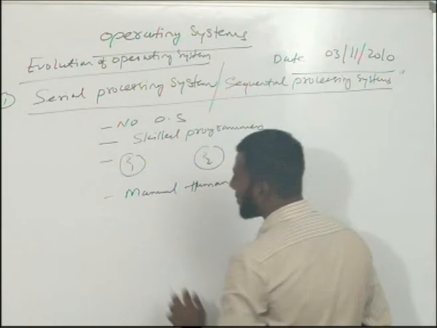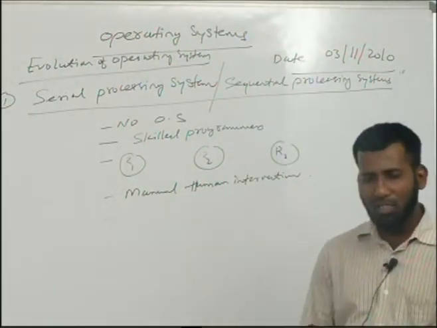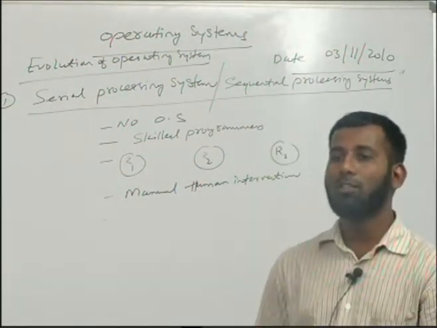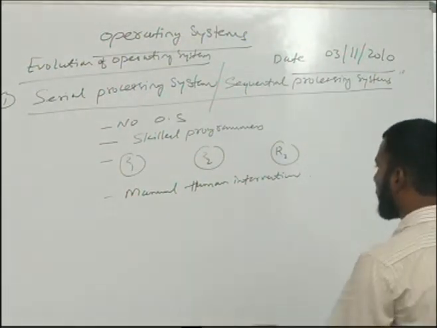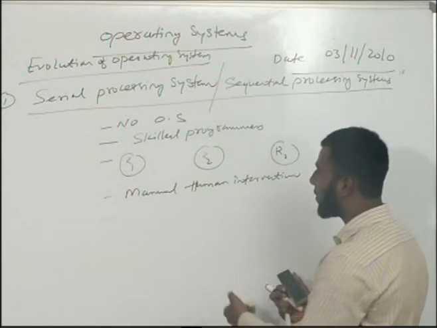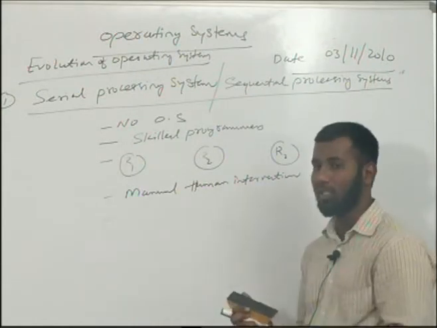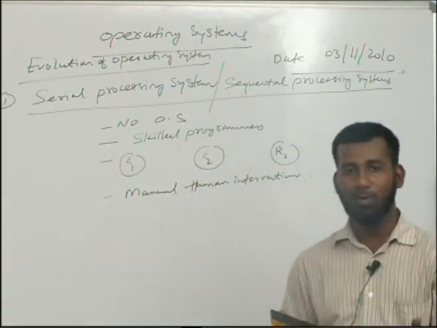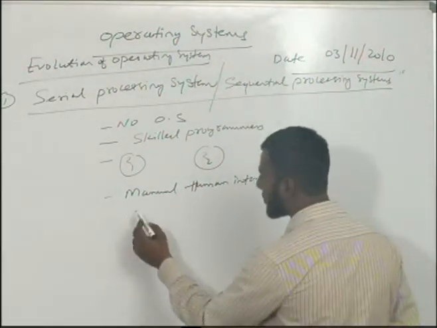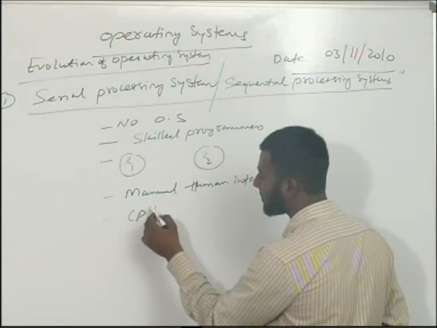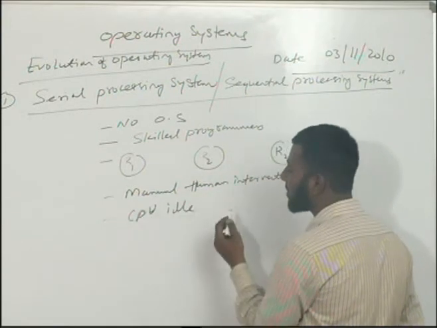Because of this, and we know that machines are much faster than human beings, it takes much time for a person to take one job from one room to another. We actually work in minutes, and the computer solves problems in milliseconds and microseconds. That's why most of the time the CPU was idle.